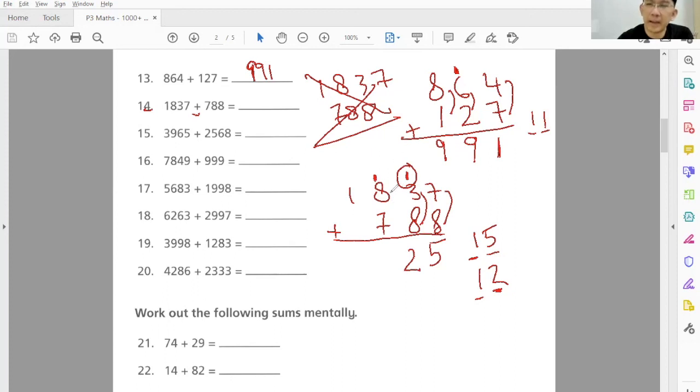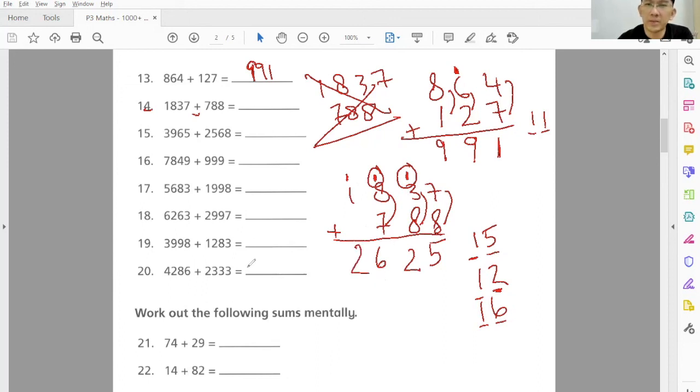Now, 8 plus 7 is 15 plus 1 is 16. The back number goes to the bottom, and the front number goes to the top of the next group. So there's nothing below this big one here, so we just do this 1 plus 1, that'll be 2.